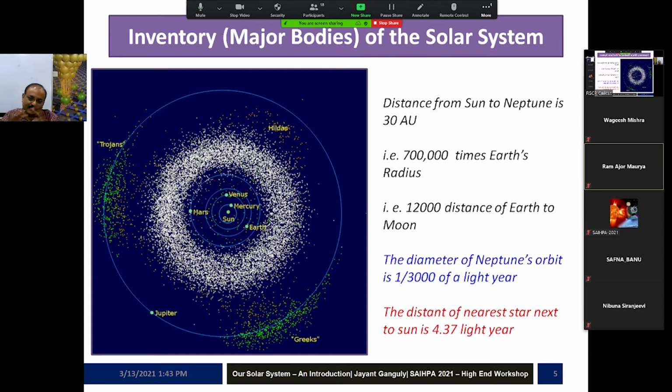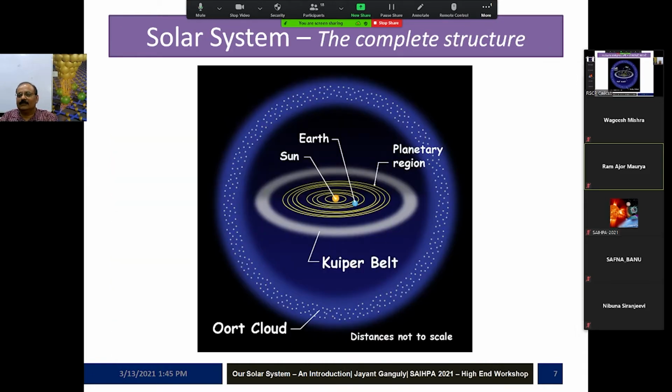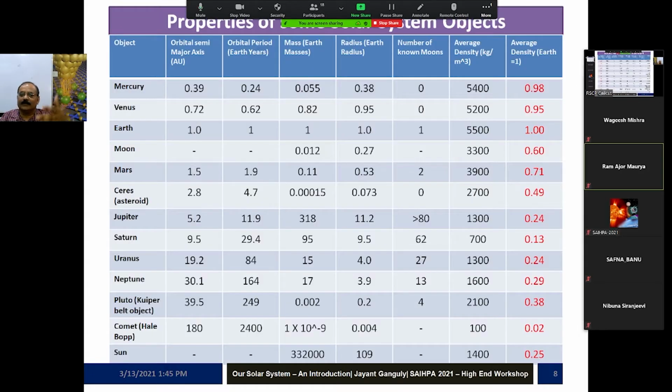So you can understand the scale on which we are trying to understand the full thing. This is a picture of our solar system's objects. We have the Kuiper belt objects, interstellar objects, and other things, the Oort cloud, comets, all these put together, and we have a complete structure. There is one more slide in which we can see the different types of things.